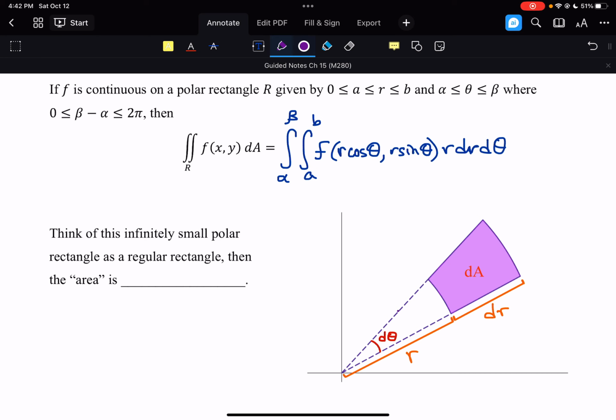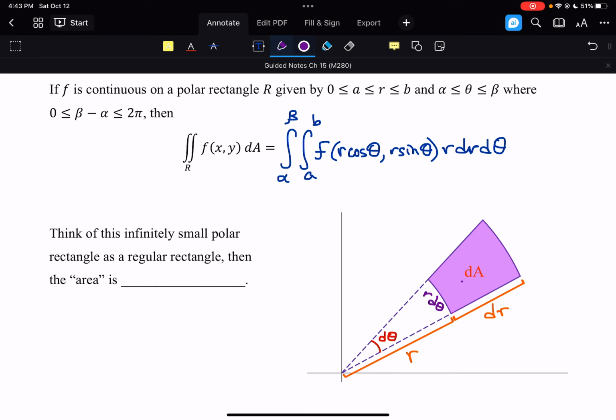The length of this segment is going to get longer and longer the farther out we go. So it's d theta times this length right here, this r, that tells us how far out to go. So we get r d theta is this value right here.